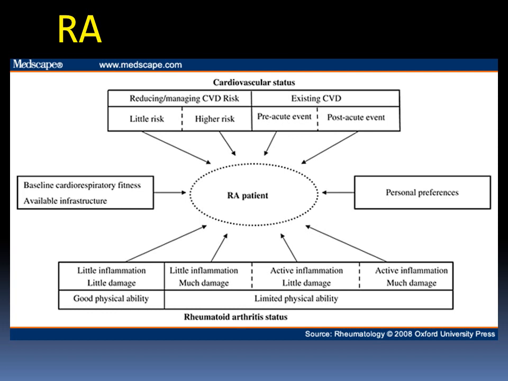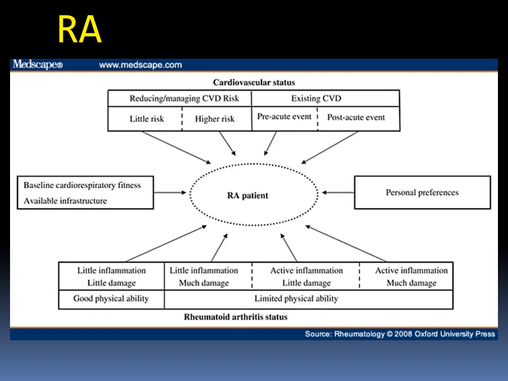If we look at the top of the picture talking about cardiovascular status, if the individual has an existing cardiovascular disease that's being managed, or we're trying to reduce the risk of cardiovascular disease, then by being physically active, we can minimize or reduce that risk. If they've already had a cardiovascular event, by being physically active, we can reduce the potential for another event or minimize the event should one occur.